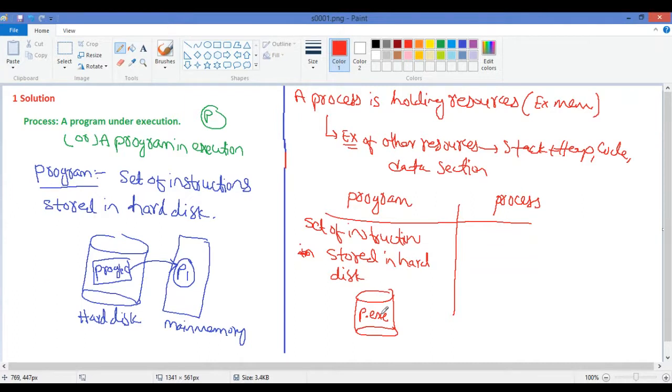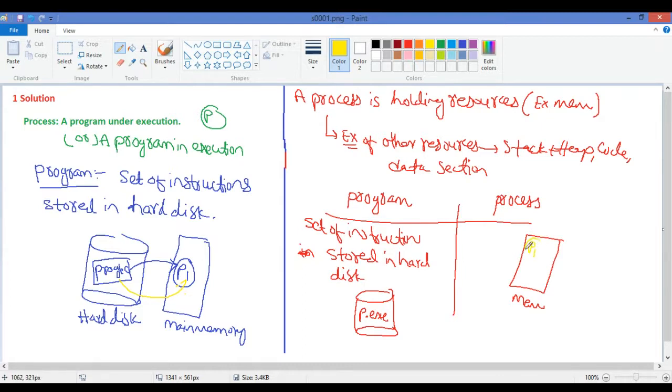Now, a process means if you load this program into main memory. You have this main memory, and if you load this program into main memory, then this program will become a process.